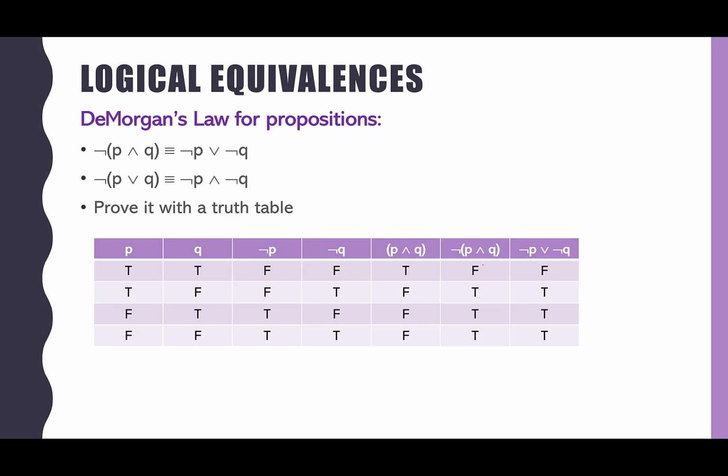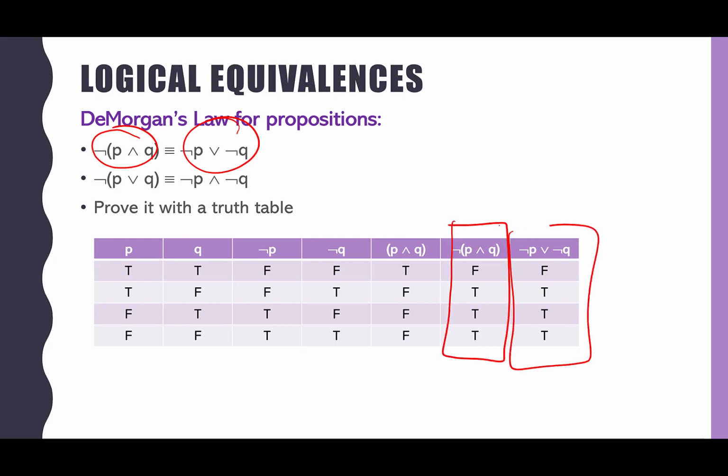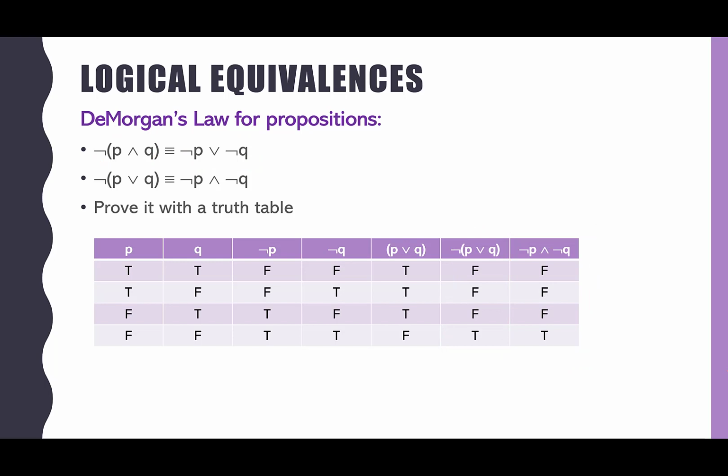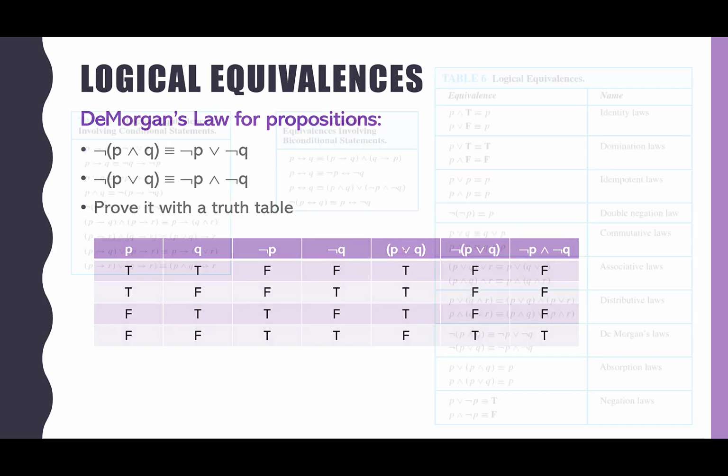The goal is to make sure that this first one is logically equivalent to that, which means all of these values for every scenario must be exactly the same as these values for the same scenarios. And they are. Take a look at the next one. Same thing: we're just looking to make sure that those values match those values, and they do. Everybody got it correct, so it should be okay.